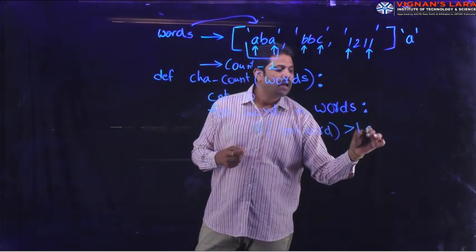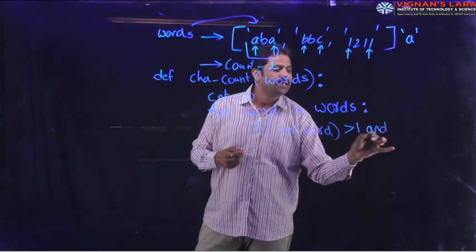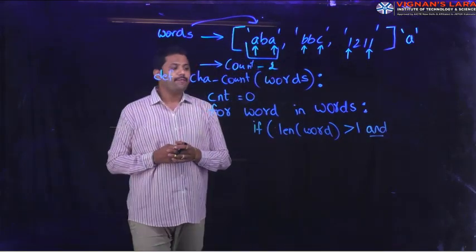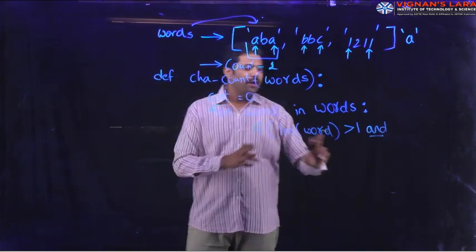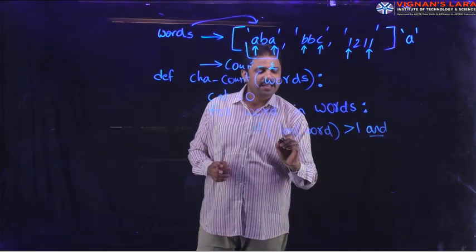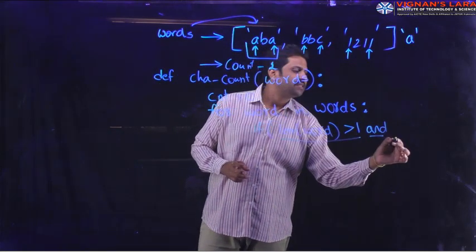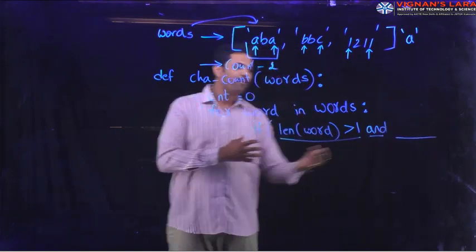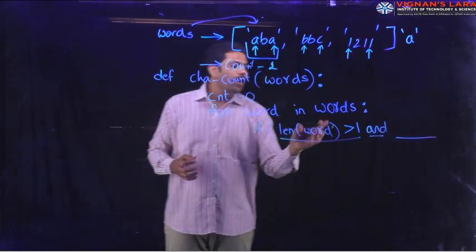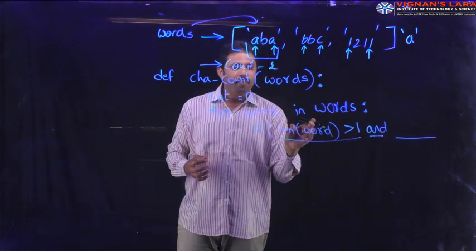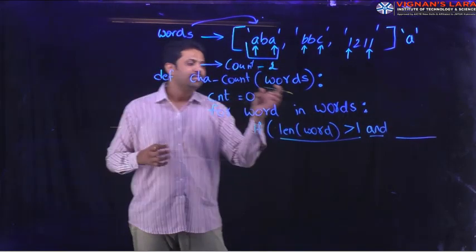And I'm using and, which is a keyword. This is condition 1, and next this is condition 2 that I'm going to write. So you have to satisfy both conditions.